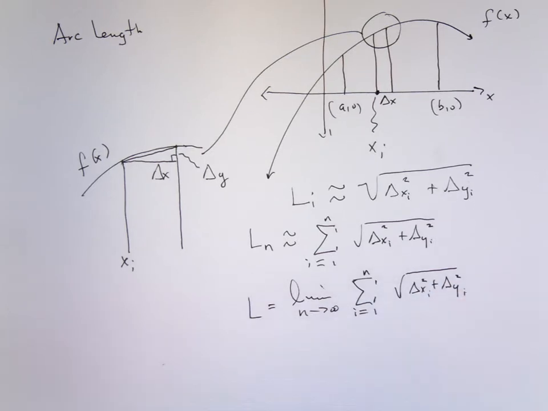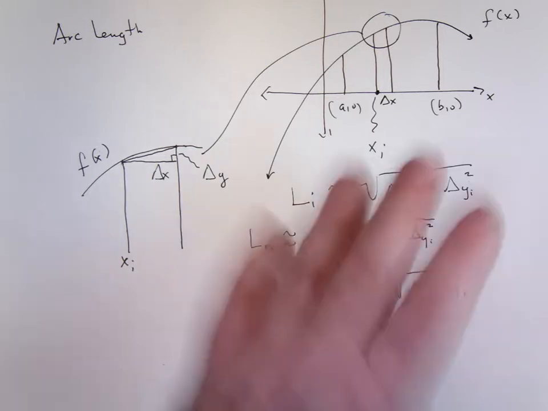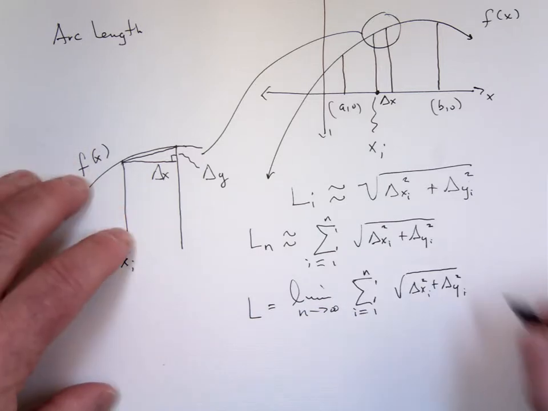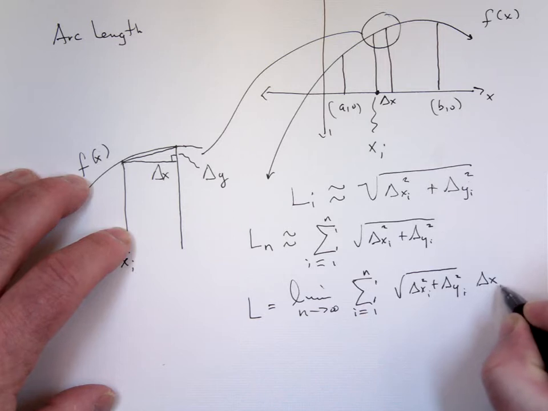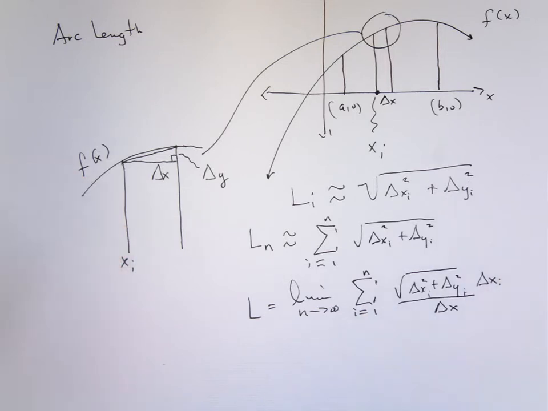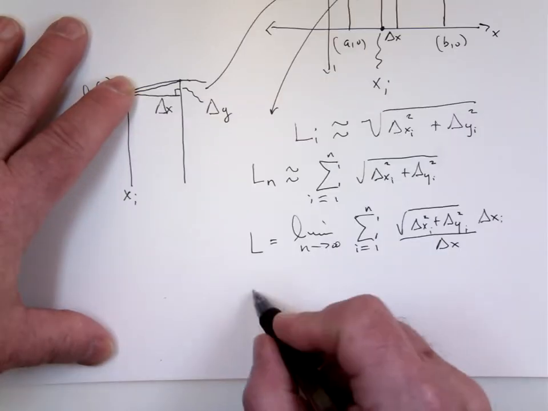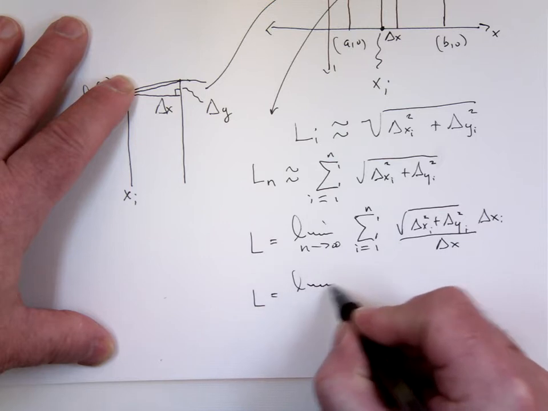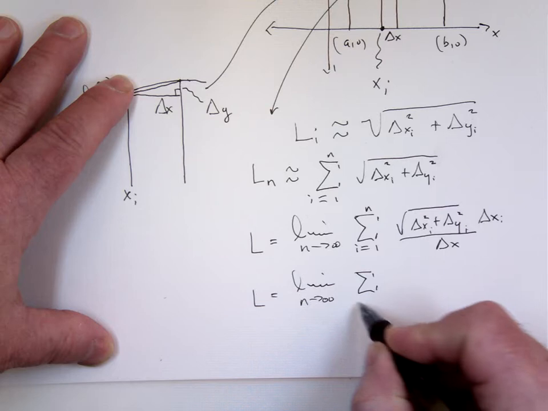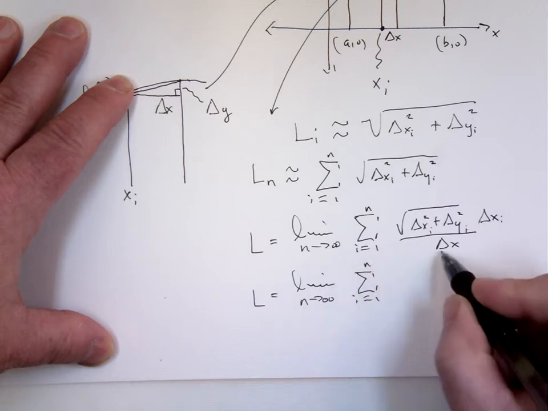We don't have it in the right form. What we have to do now is get it into the right form. So here's what I'm going to do. I'm going to multiply by delta x and divide by delta x. And when I divide by delta x, I'm going to divide by delta x in this form, square root of x squared.